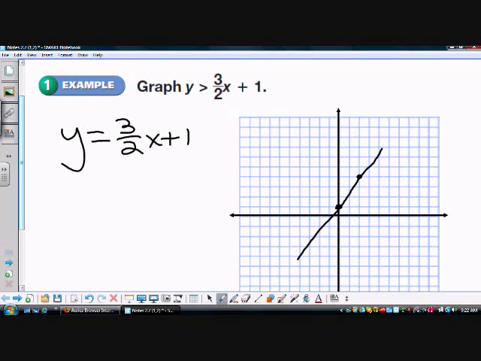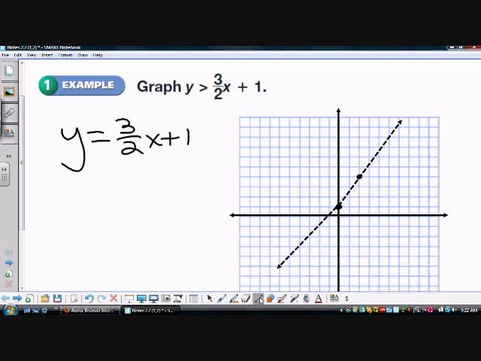So do we make a solid line or a dashed line on this one? Dashed. Why do you know this one should be dashed? Because there's not a line under the inequality that means equal to, so we've got to make the dashed line. I think that makes a dashed line. There we go.